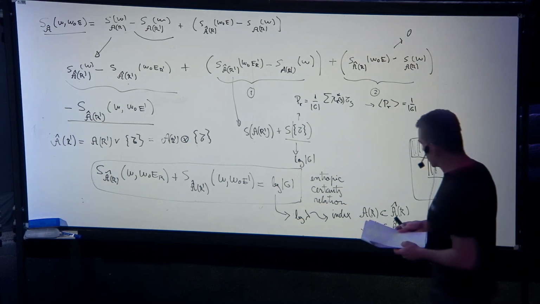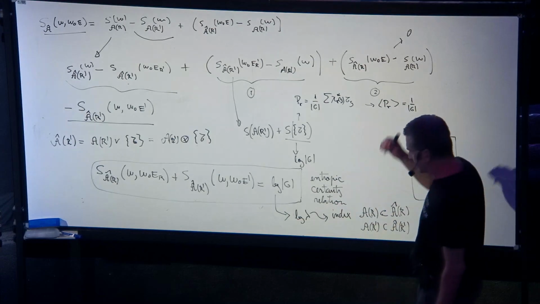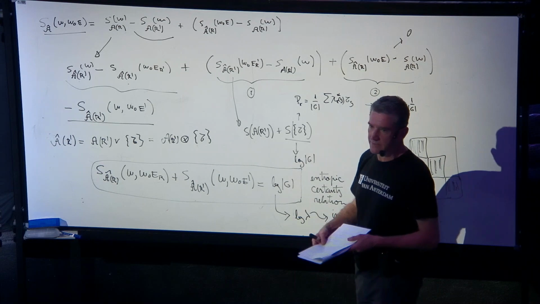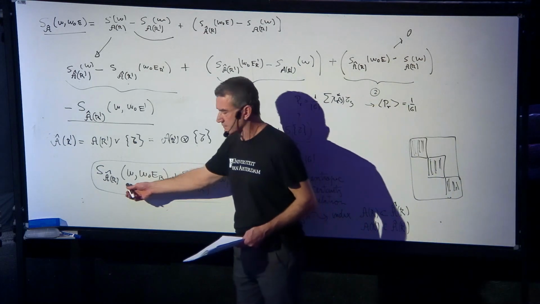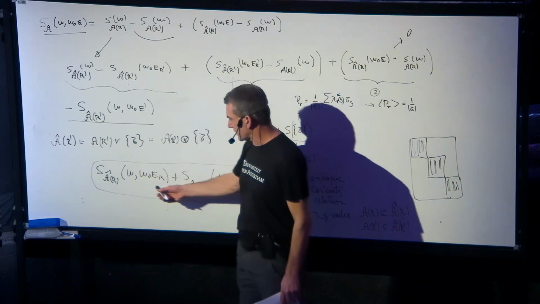Well, then why do we call this entropic certainty relation? Because behind this are the uncertainty relations, because the non-local operators of this and this will not commute. So there is a kind of uncertainty relation here.